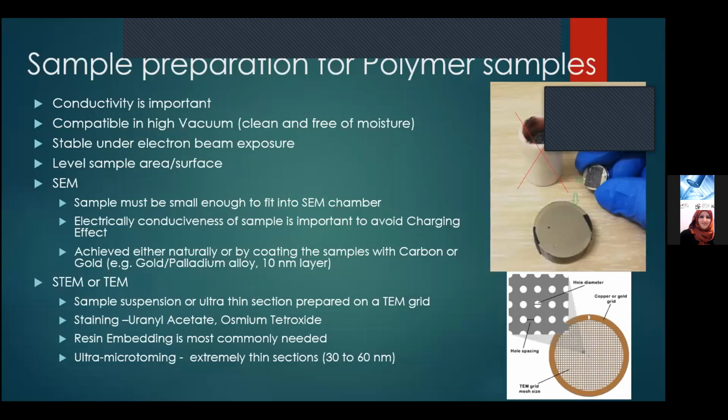It needs to have a surface that is flat and level so that you can have the best quantifiable analysis possible. It is okay if the samples sometimes have irregular levels, but then we need to establish some method so that we can have the best image and the best analysis possible. Usually that's done via polishing or just mounting the sample in the correct way on the stub before introducing it into the chamber.